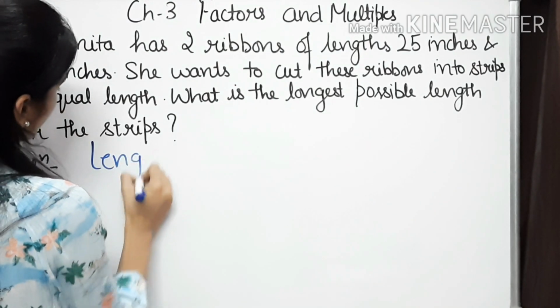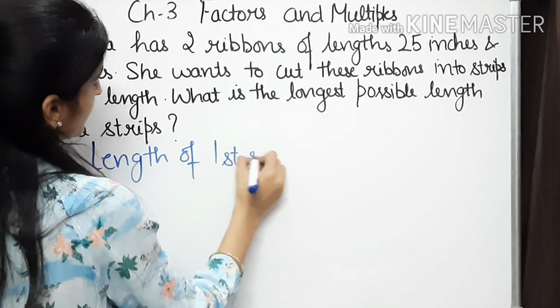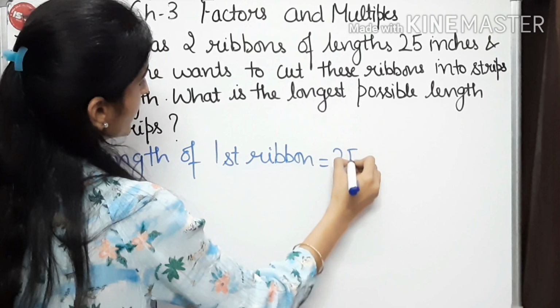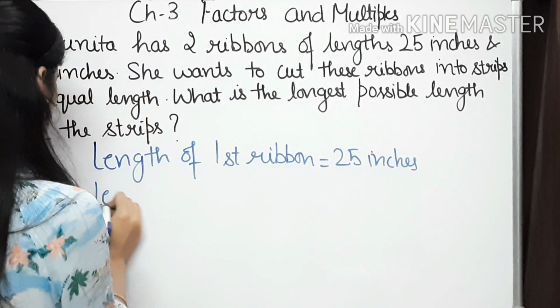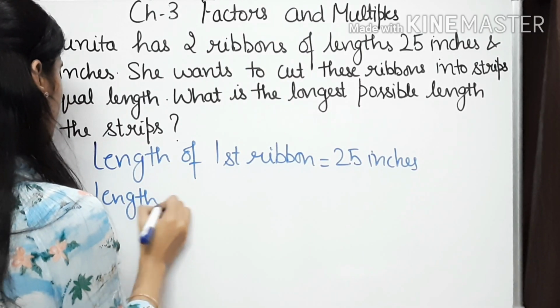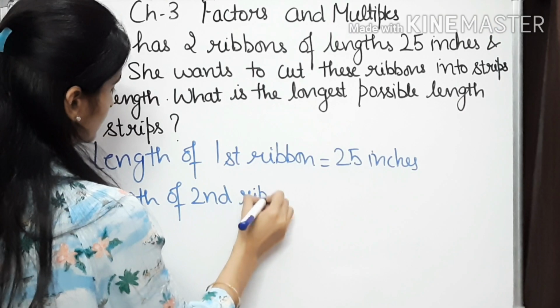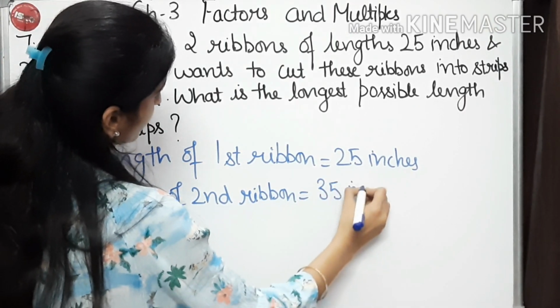Length of first ribbon is 25 inches and the length of second ribbon is 35 inches.